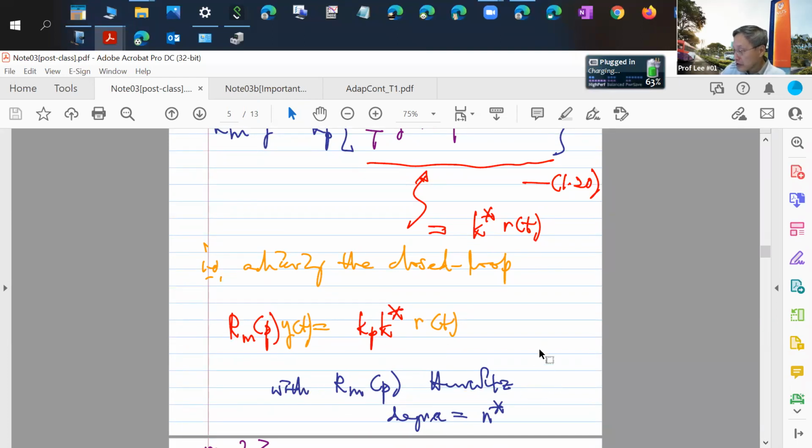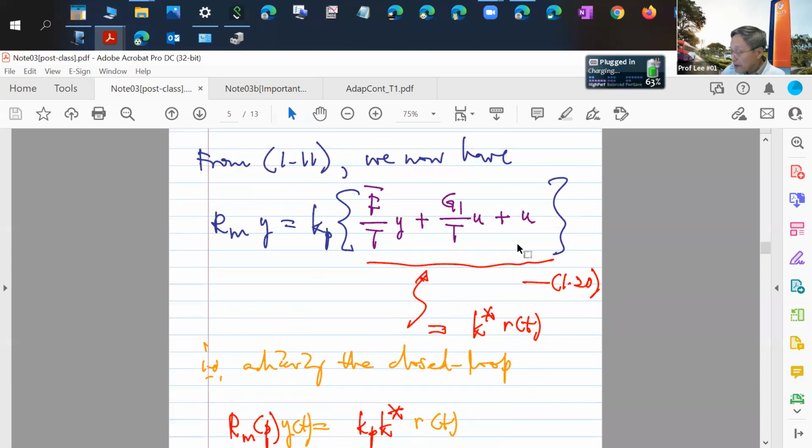All right, you can choose it. You will choose it to be Hurwitz of degree n star. So this is what's going to happen, and this is what happens if you can perfectly make this control law happen.